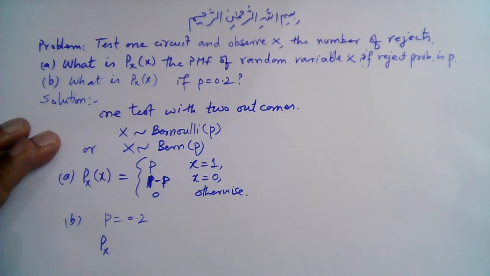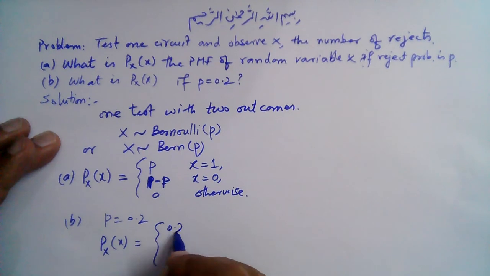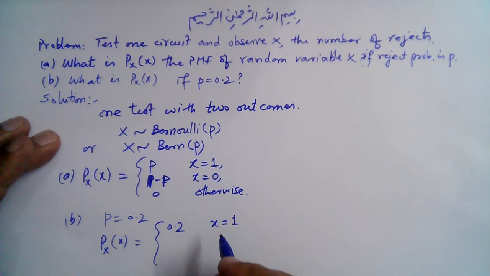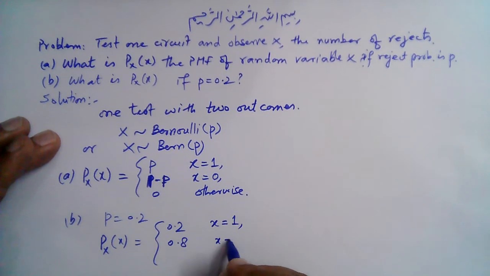So in that case, the PMF is 0.2 when X is equal to 1, and 0.8 when X is equal to 0, and this is 0 otherwise.